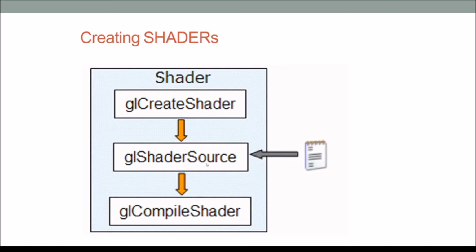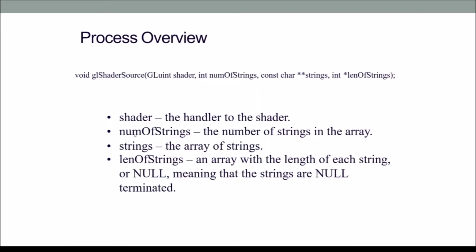Then with GL shader source, we have the handler right here, and then the number of strings. Whenever you're reading, it will read into an array, so your file will get read line by line into this.